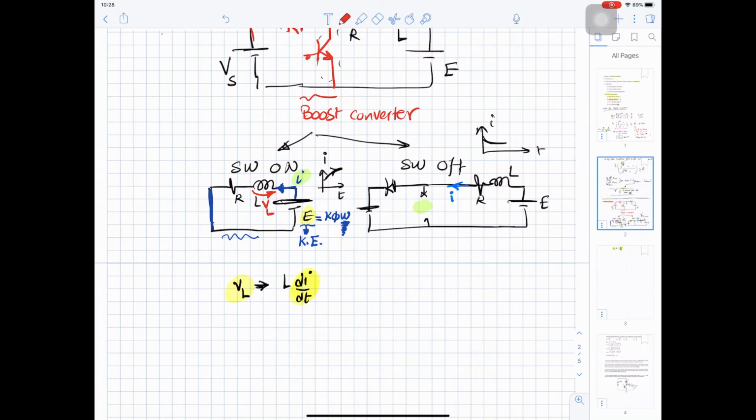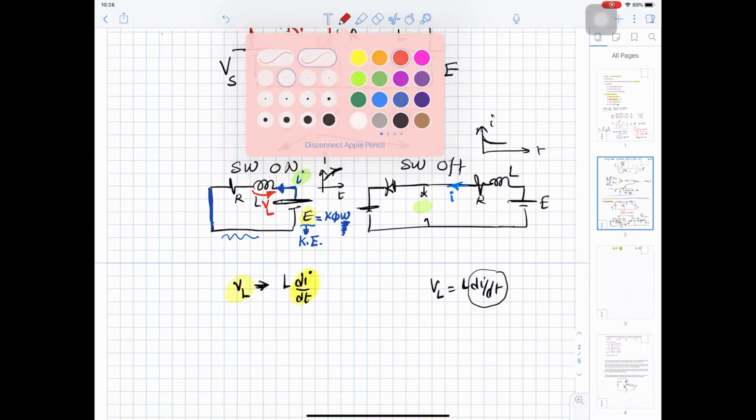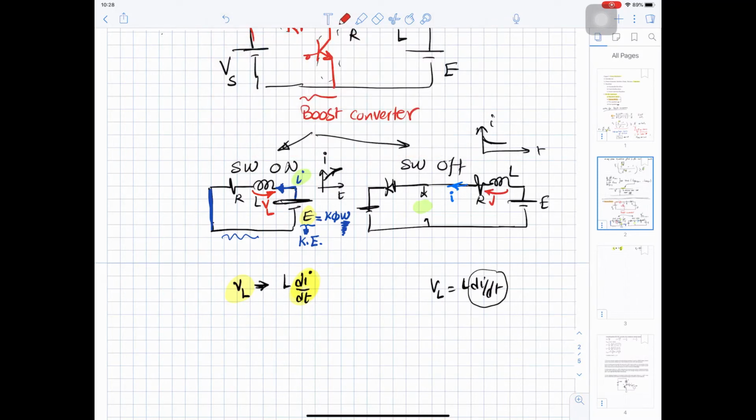As the current is decaying and the voltage of the inductance is L di by dt, once the current starts to decay, di by dt will be negative, and the voltage across the inductor will reverse, which means that the voltage you can see here is E plus V inductor.